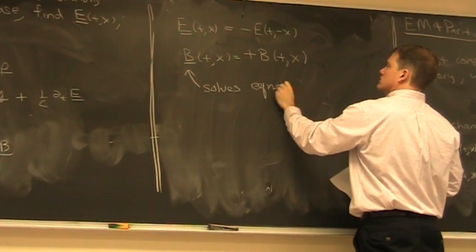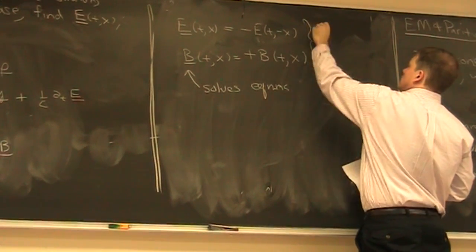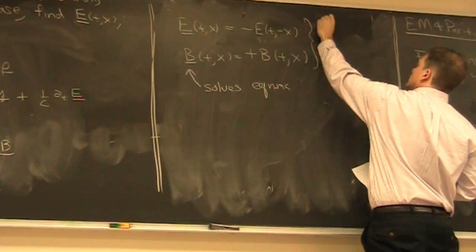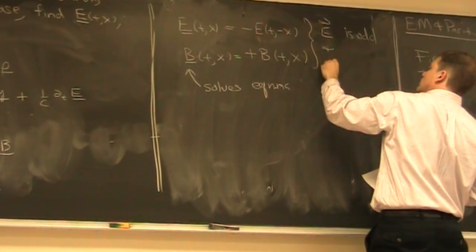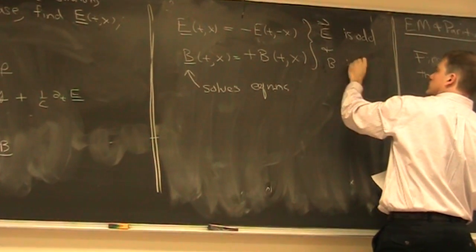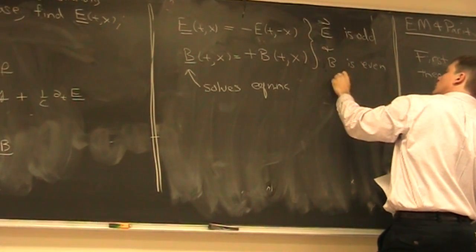So in that sense we'd say that E is odd and B is even under parity.